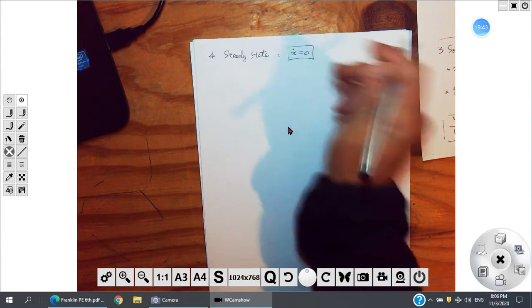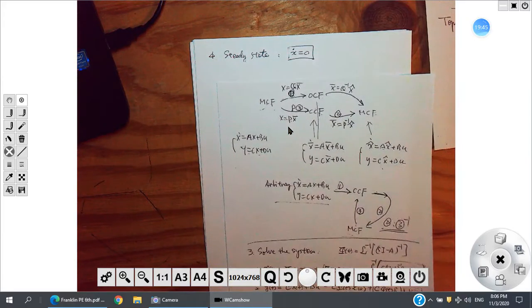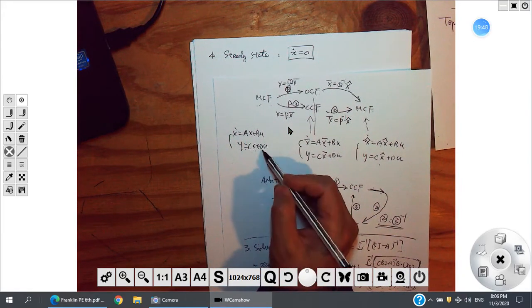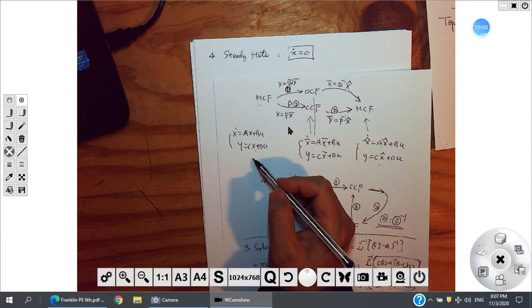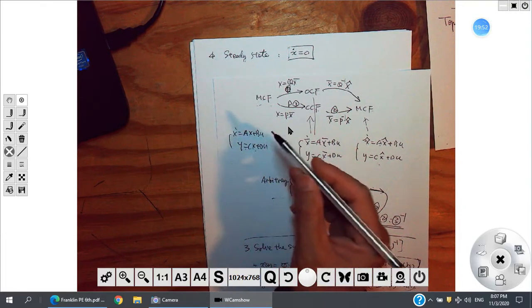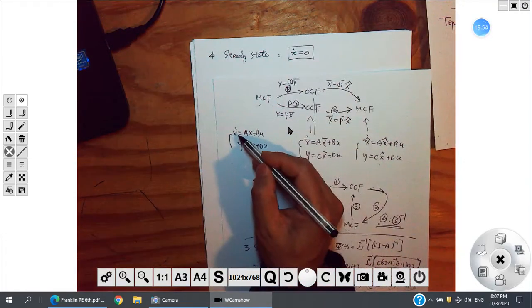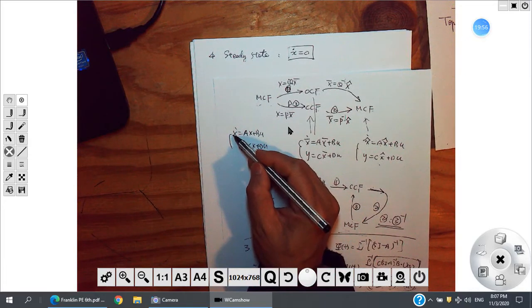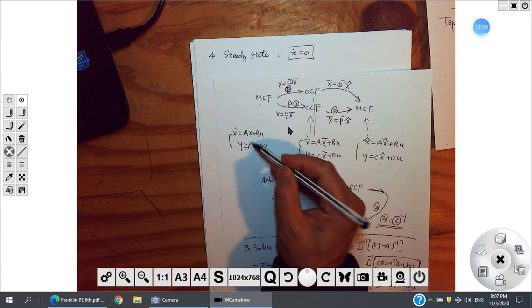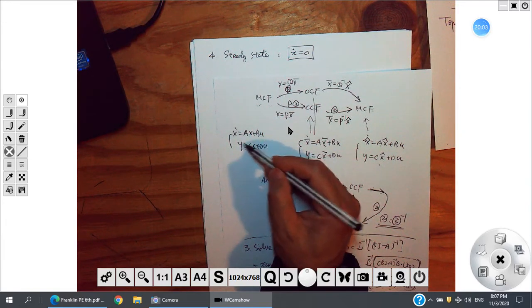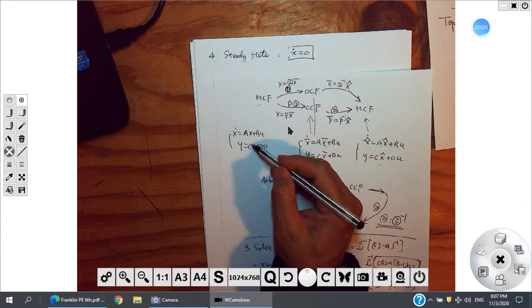So in the system, you will have some system. This one, or maybe you need a feedback, right? Depending on the system structure. When you want to find the steady state, the derivative should be 0. Then you can solve what are these x, what are these y. These are the steady state values.